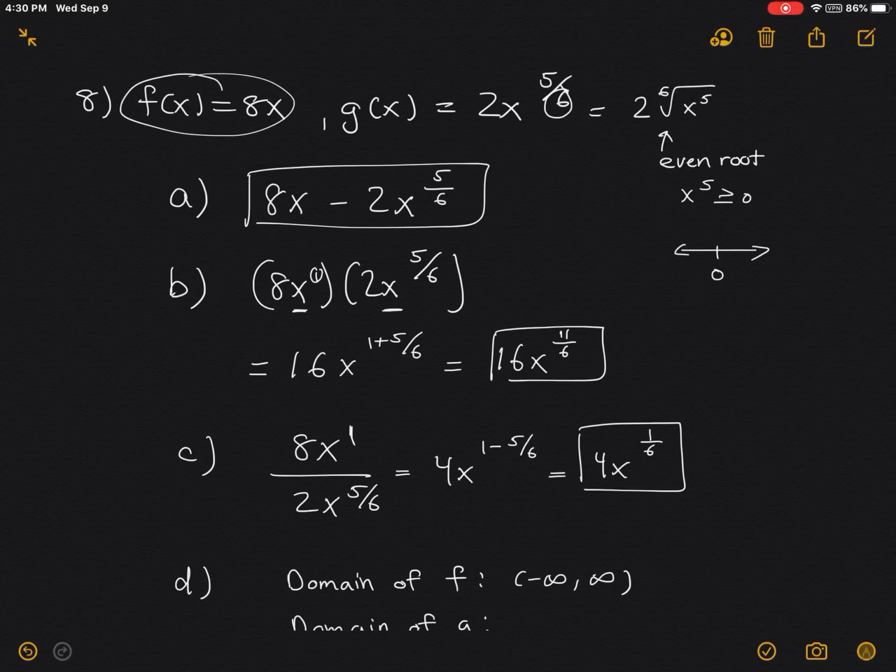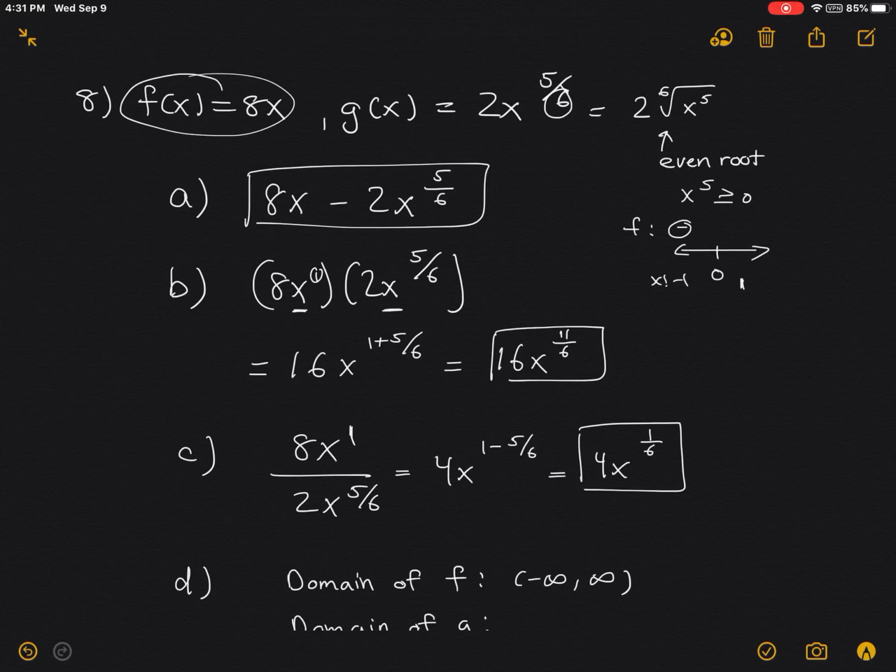If you test this on the number line, this is a polynomial inequality. If you test -1 over here, -1 to the 5th is just -1.